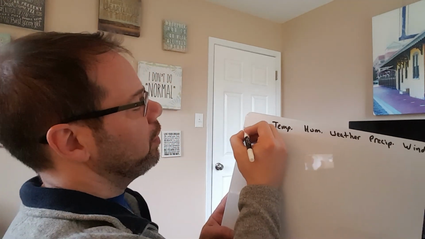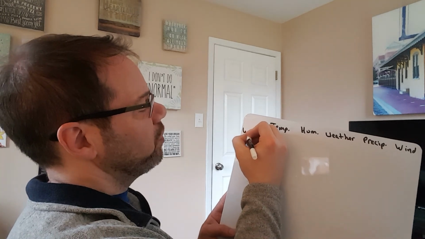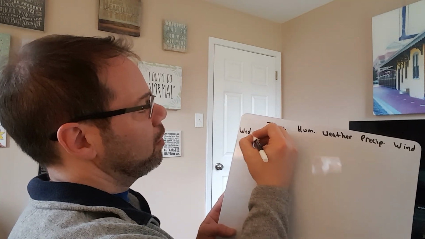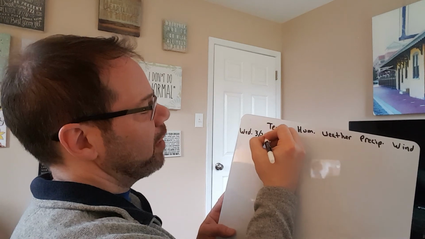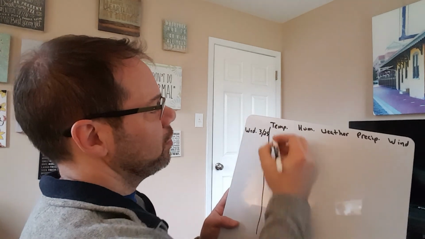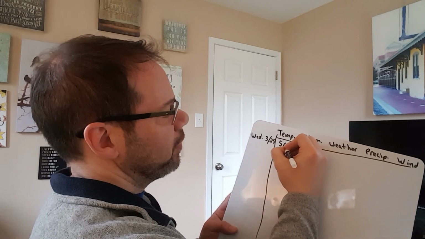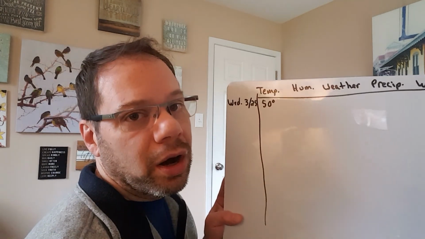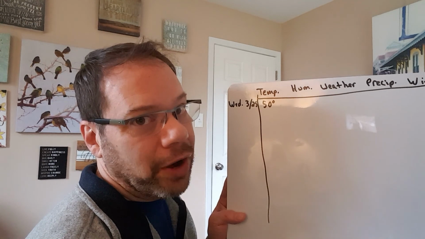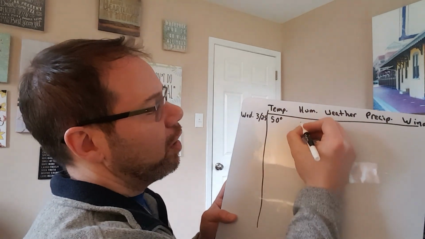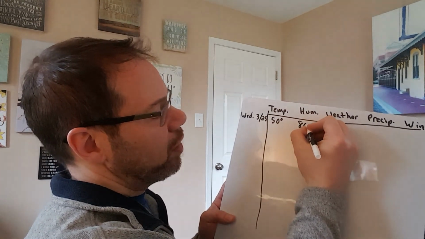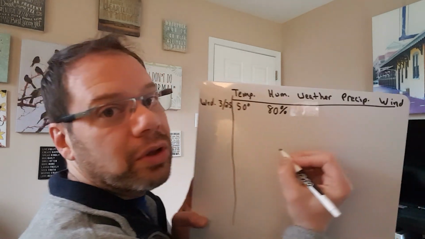Okay, so today is Wednesday, 3/25. Okay, so we can go like this, and we say temperature 50 degrees. Our friends know that we do that in Fahrenheit, not Celsius. The humidity was 80%. There's the percent symbol.